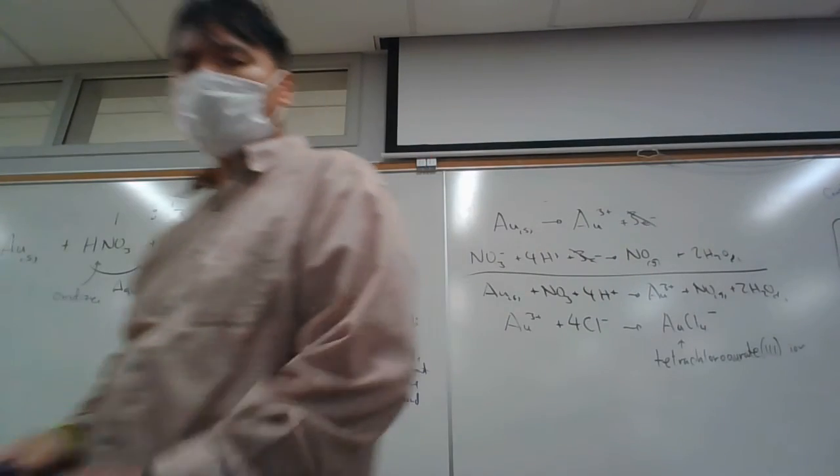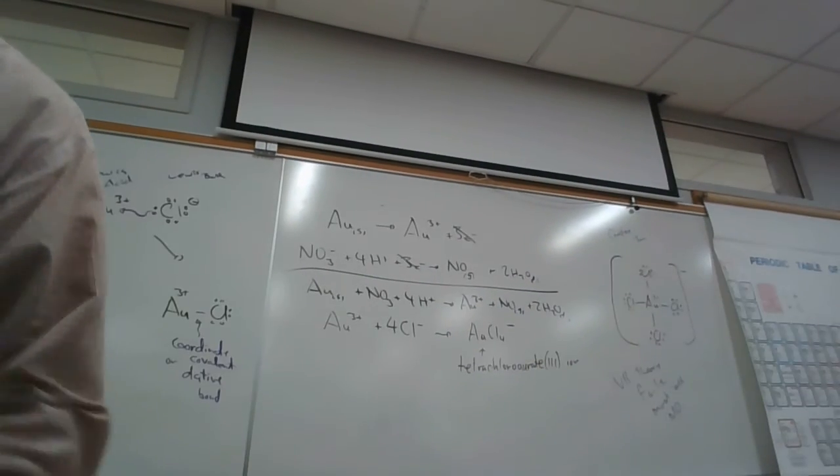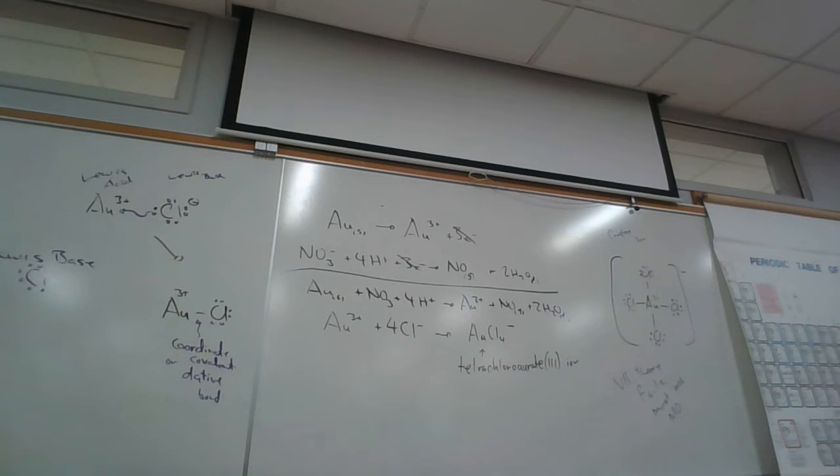Not everything forms complex ions. So, for example, gold is a pretty good Lewis acid, but sodium ions aren't. And so, you can look at some other ions.